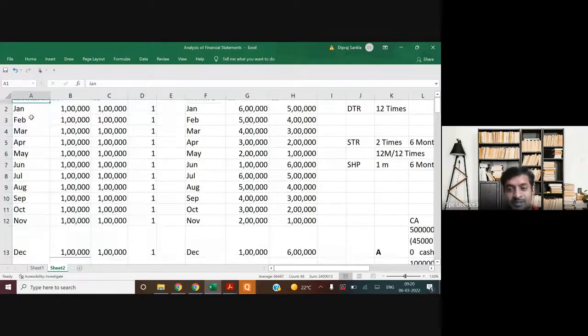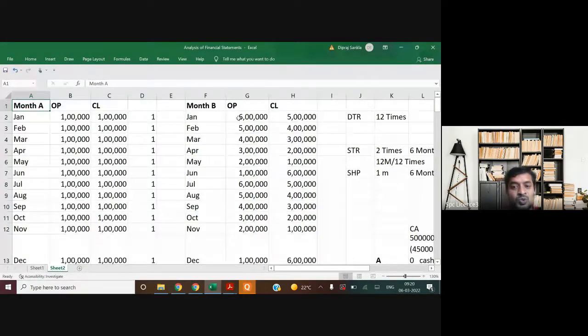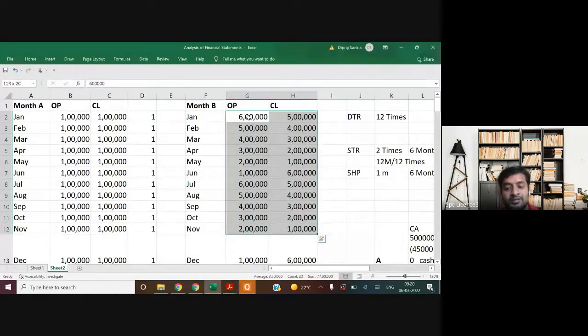Okay. Now in B company, let's say goods worth rupees 6 lakh are sold, and the entire amount is received up to 13 June, and again on 13 June goods are sold on credit worth rupees 6 lakh. So in this company, how many times are debtors turned over? 2 times, right?